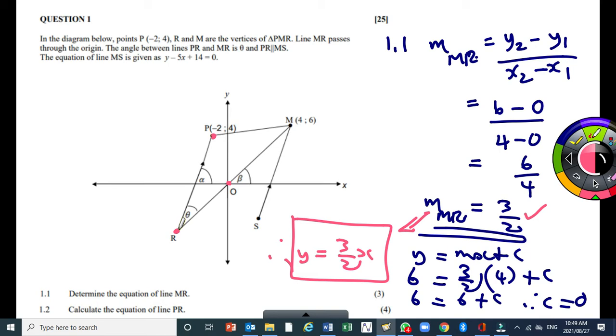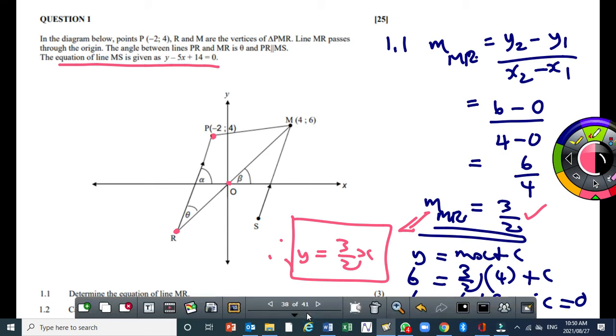Now, in this question here, we are given the equation for MS. Okay? The equation for MS is given. Therefore, from the equation for MS, we can determine the gradient. Right? So I'm going to rewrite that equation on the next page. So this is 1.2 now.